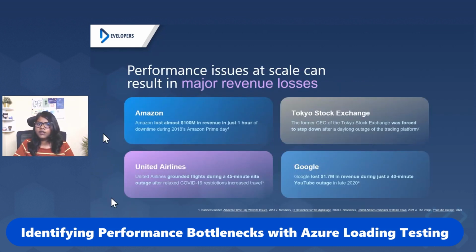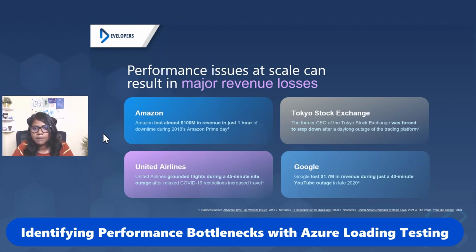So, as we know, performance issues result in a lot of revenue losses. For example, Amazon says that it has lost almost $100 million in revenue in just 1 hour of downtime in the Amazon Prime Day sale.